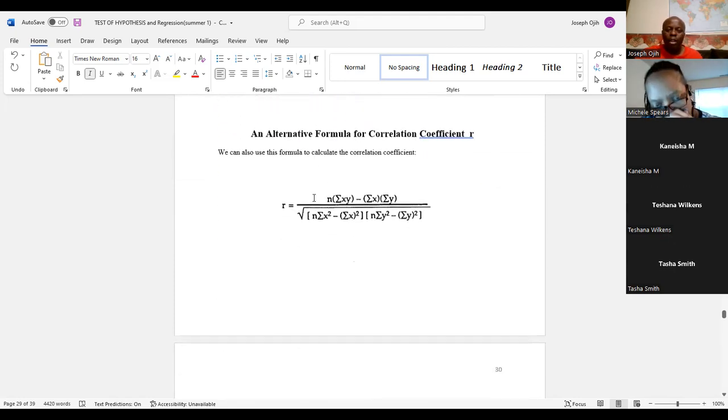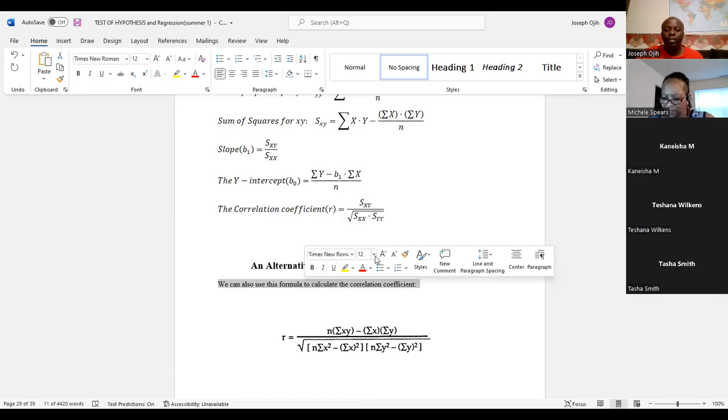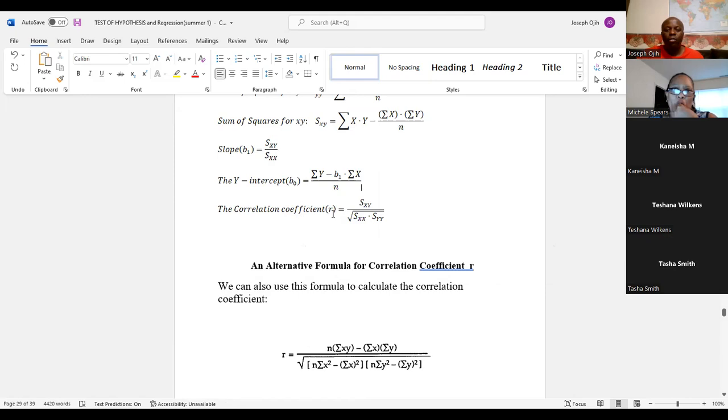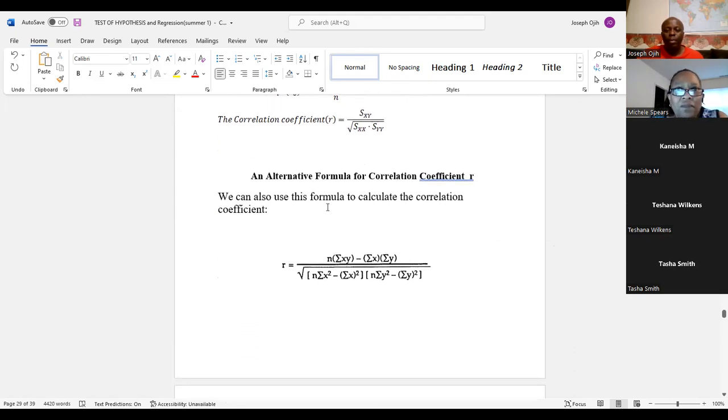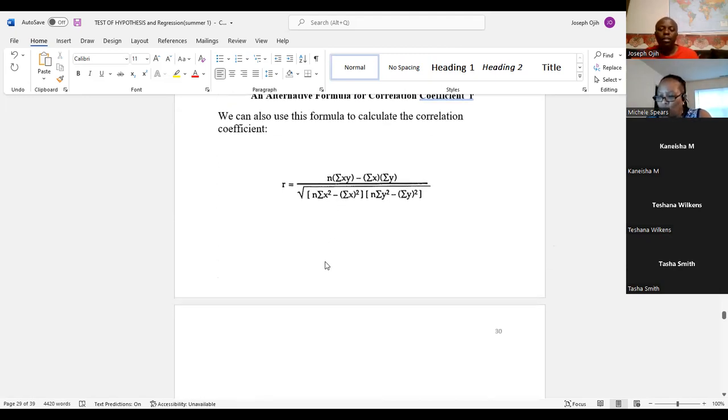Now, this is another formula. Remember, I mentioned in class that statistics might have two different formulas for the same thing. If you're using this approach, this is the formula for the correlation coefficient. If you're using a different method, this is the formula. Again, we'll be using Excel, so not the formulas at this time.